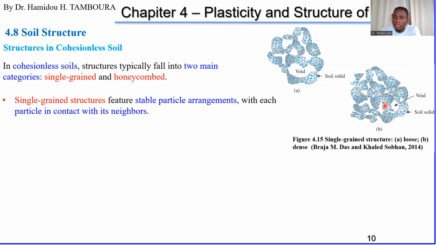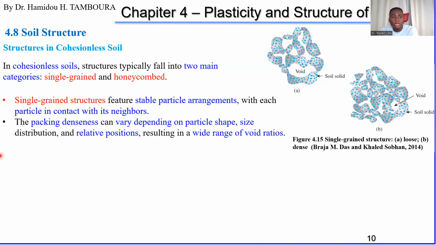And this one is when it is dense. As you can see, there is less space when it is dense. The packing denseness can vary depending on the particle shape, size distribution, and relative position, which results in a wide range of void ratio.